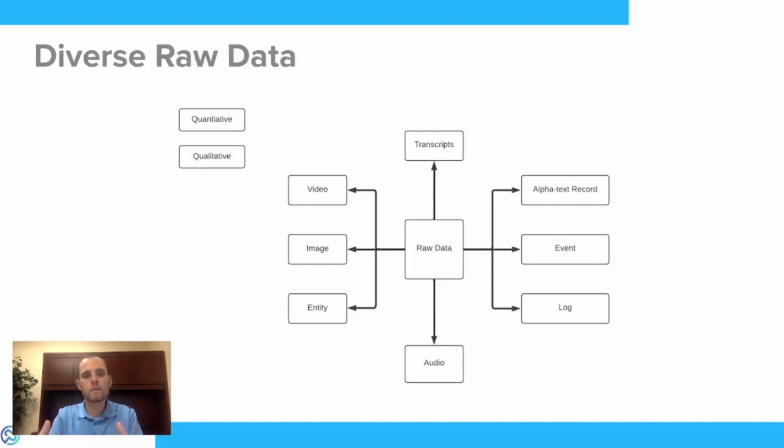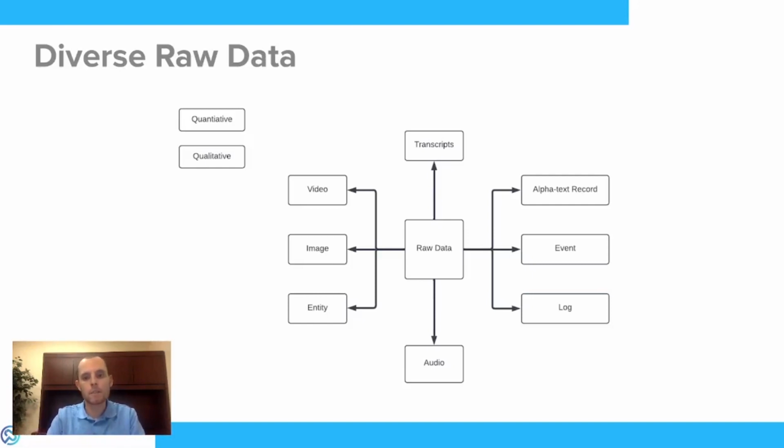See, as all of this information comes together into one database, it's important to be able to capture the raw data and the various forms of multimedia that get generated as a result. In a manufacturing facility, you may have logs that are generated from manufacturing equipment. You have events occurring all the time.